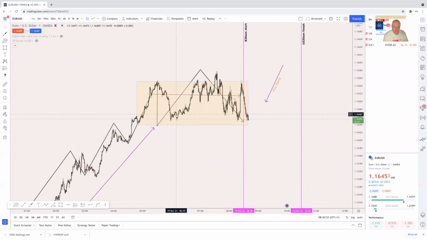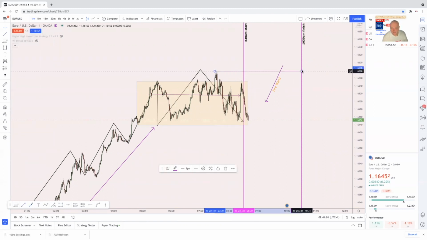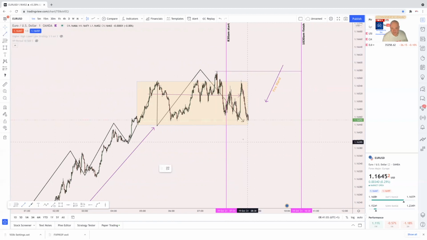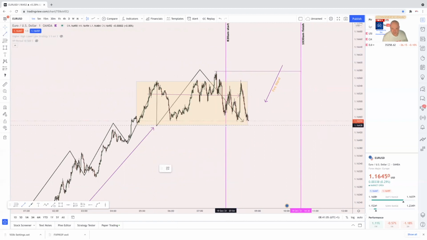So before I get into any trades, if I'm honest with you, let's call out this here. Let's certainly call out that there. So I want to see some form of breakout first, to be honest. Okay.